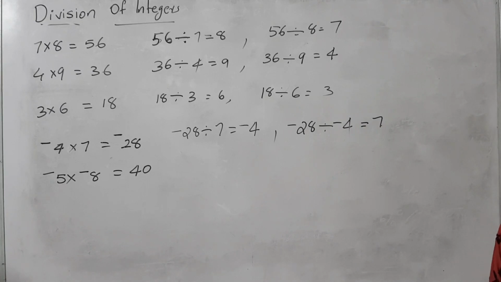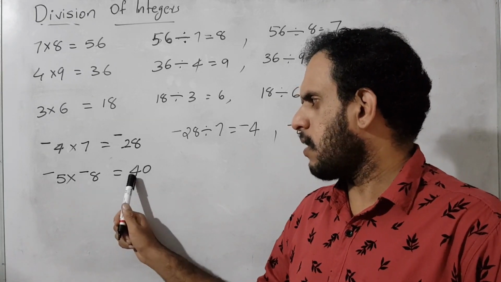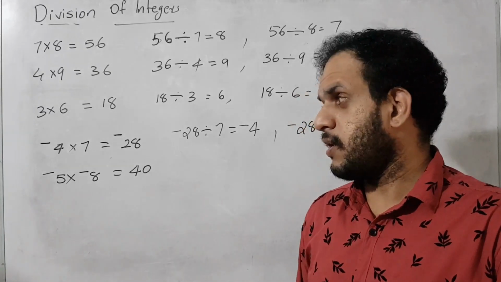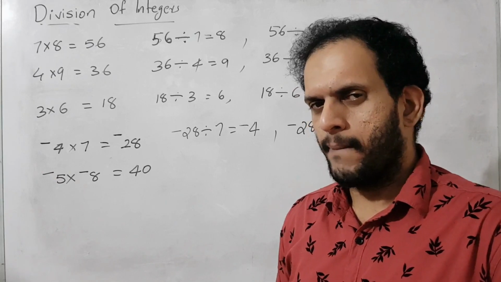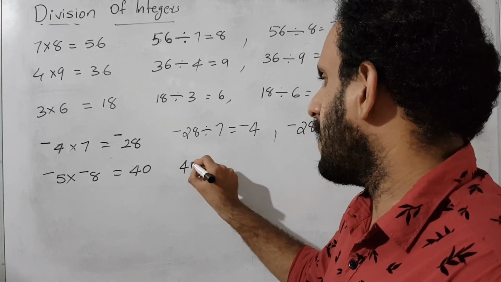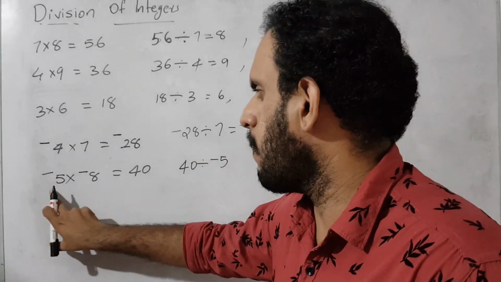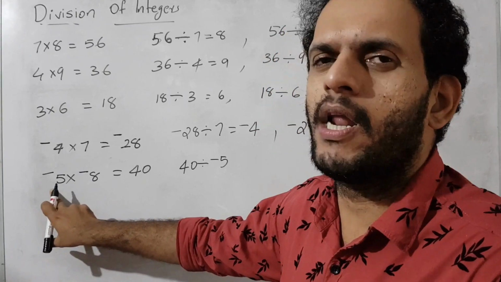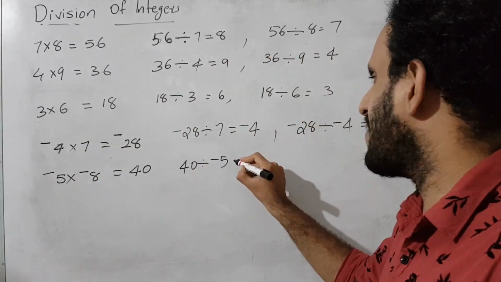Any doubt? Then here, minus 5 into minus 8 is equal to 40. Clear? So next, what is 40 divided by minus 5? 40 divided by minus 5 is equal to minus 8.